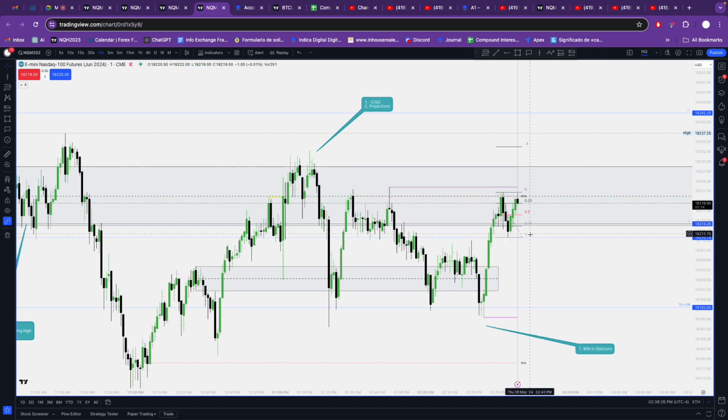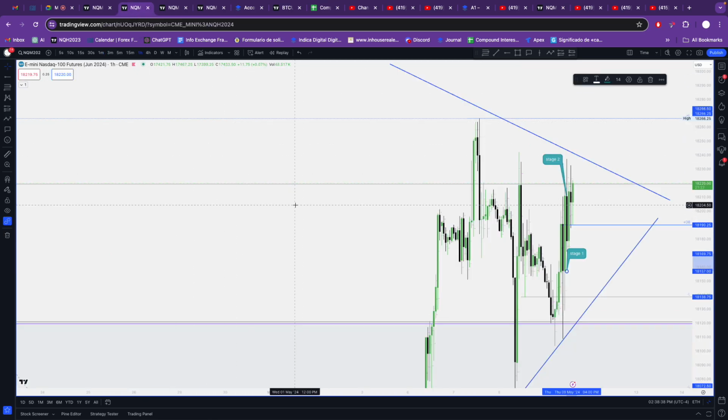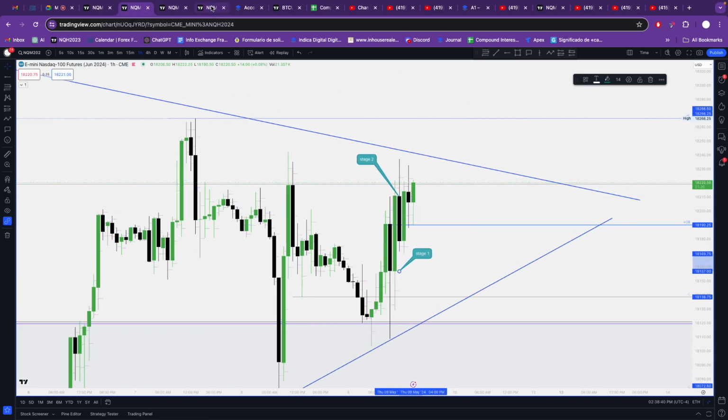So you're saying that you would want to see price go above it? Okay. So this fair value gap should not act as resistance. It should be inversed because this is.